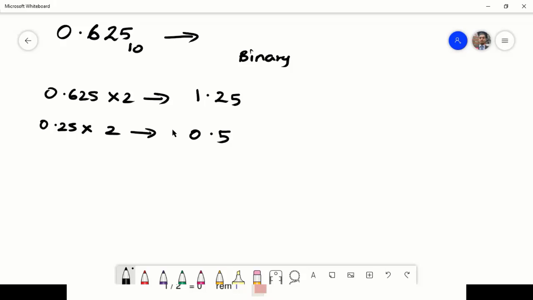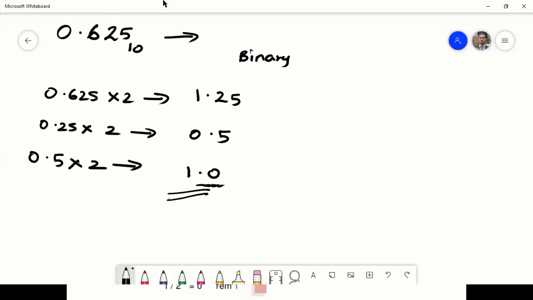Then take this fractional part 0.5 into 2. Then we will get 1.0. Now since we got fractional part is 0, now we can stop with this.